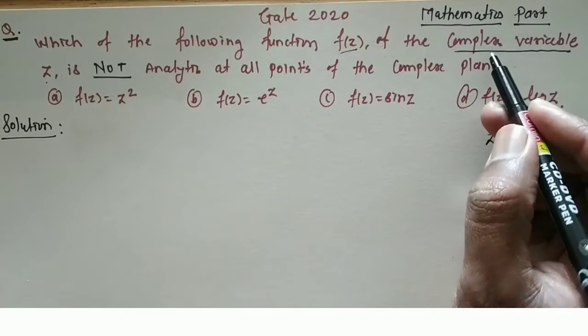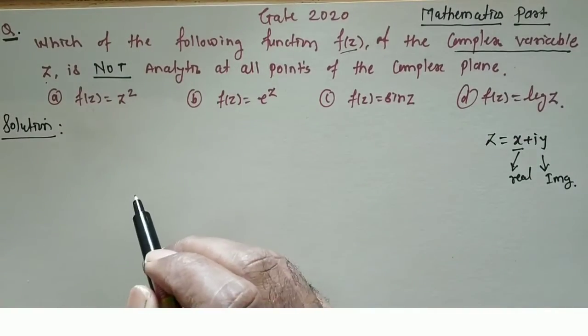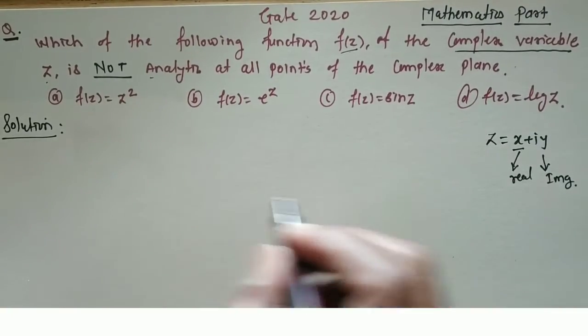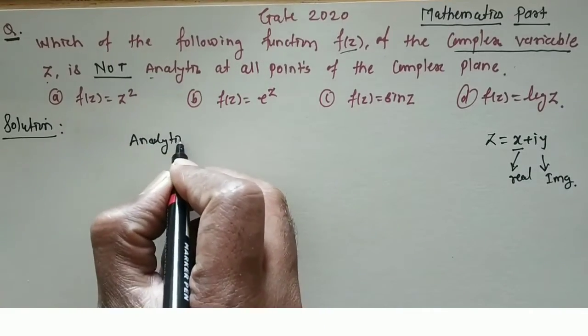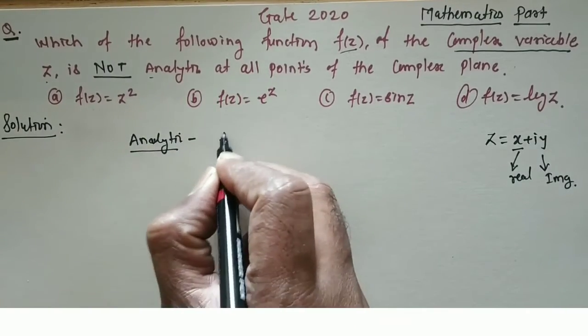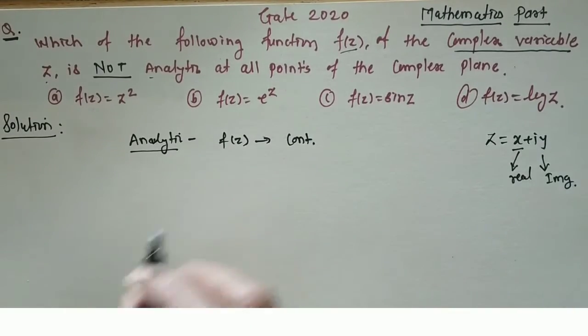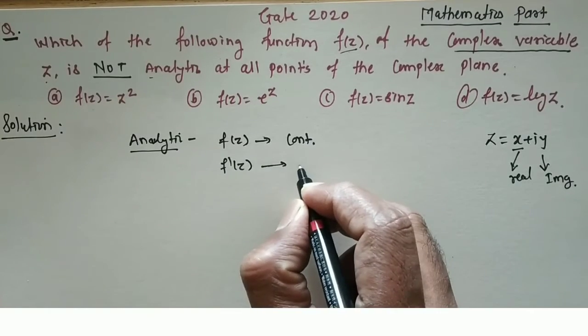And they ask you which function of the complex variable z is not analytic, right? So what does analytic mean? The analytic word says that the function must be continuous as well as differentiable at a given point.